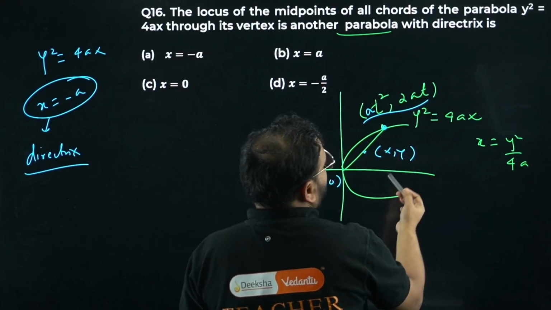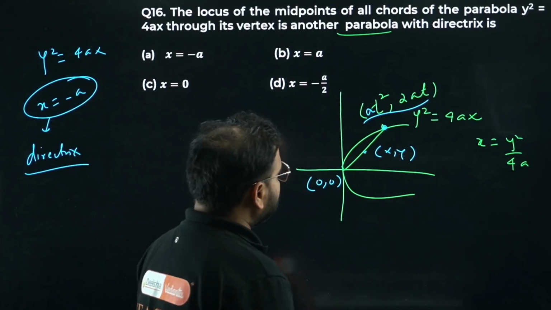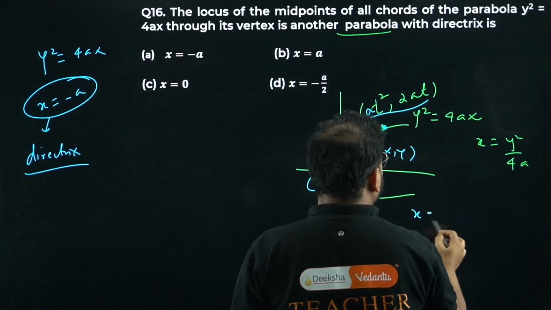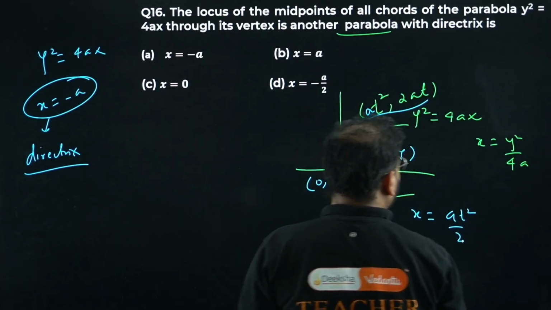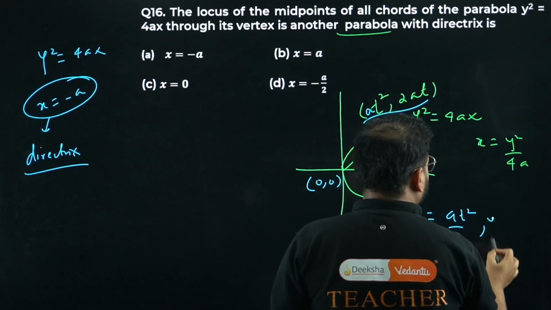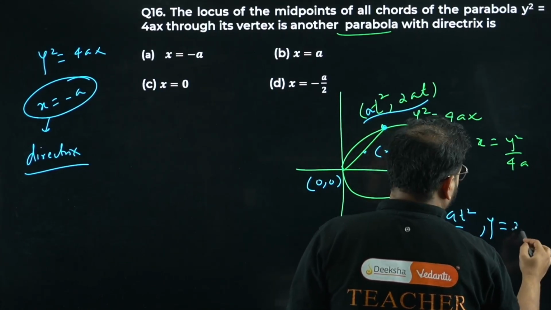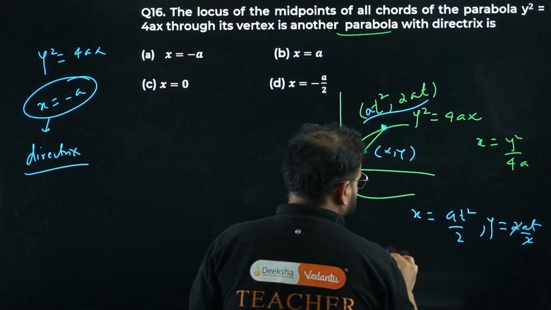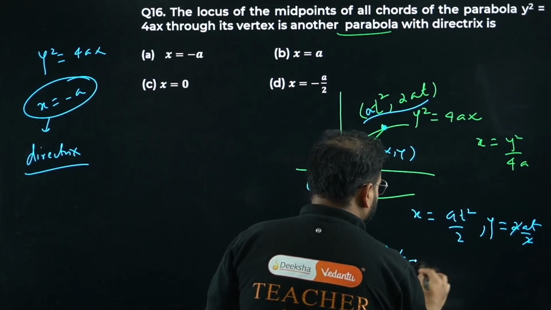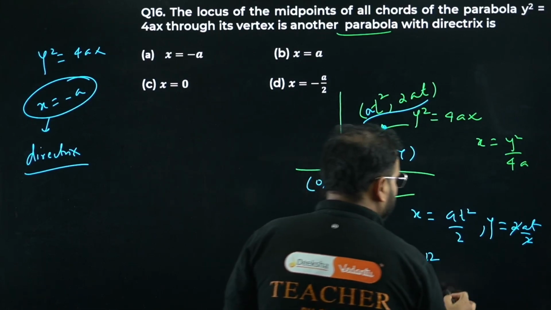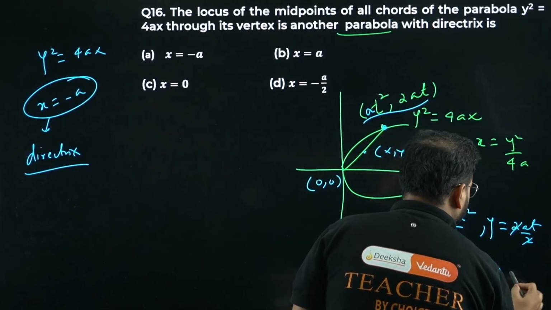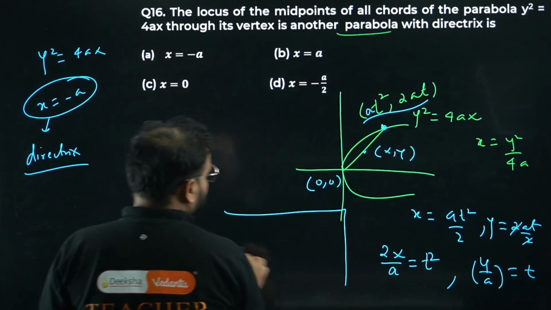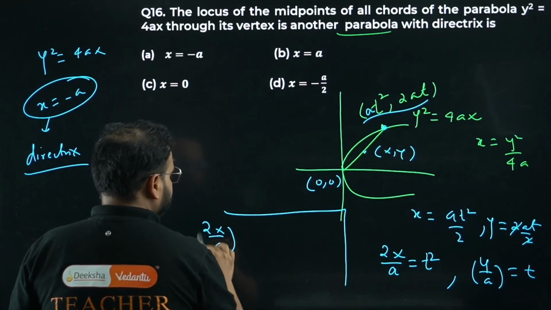From here we can try to find this. If I find the midpoint, I get the x value as at square by 2, and the y value as 2at by 2, which simply cancels. So I have 2x upon a equals t square, and y upon a equals t. Same approach, I'm going to eliminate t.